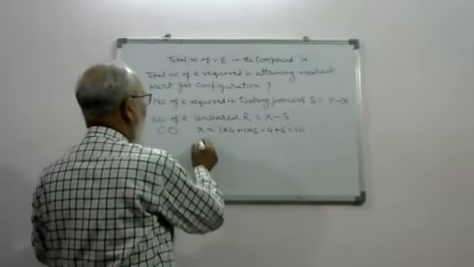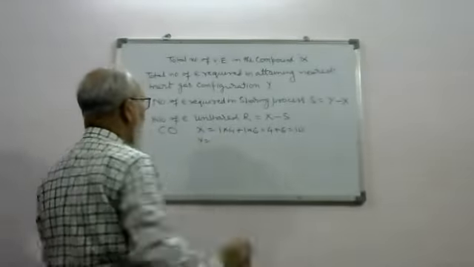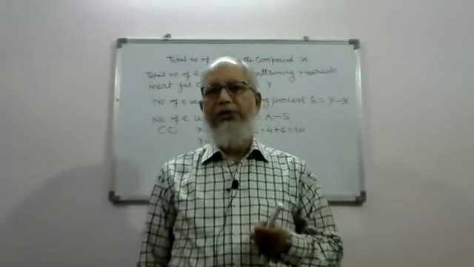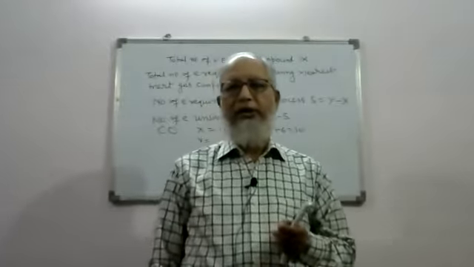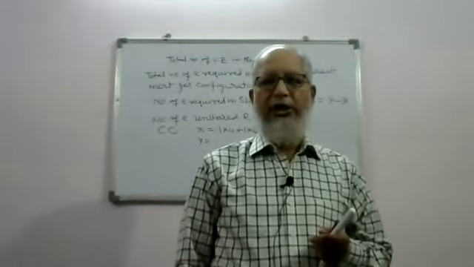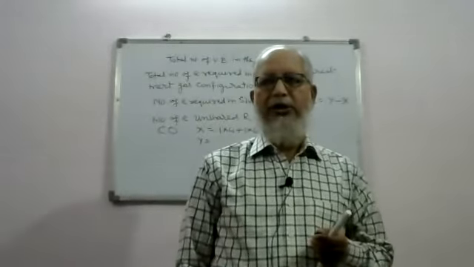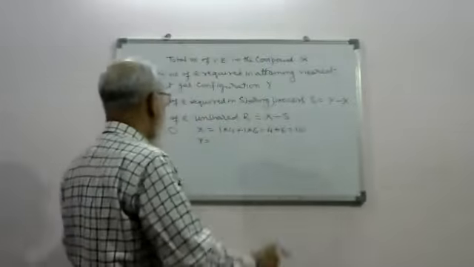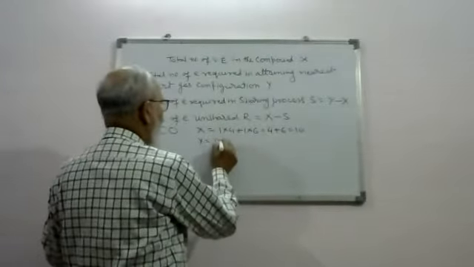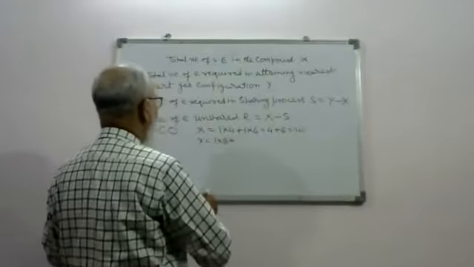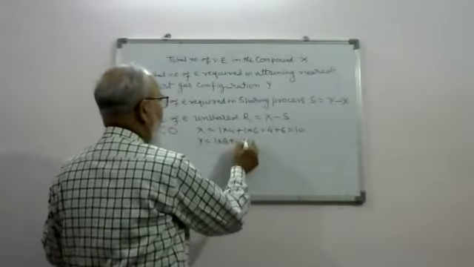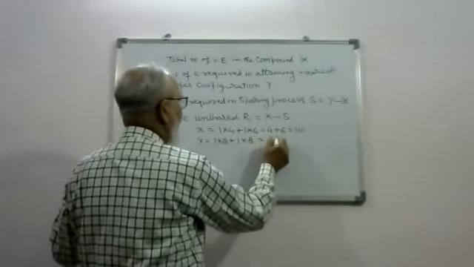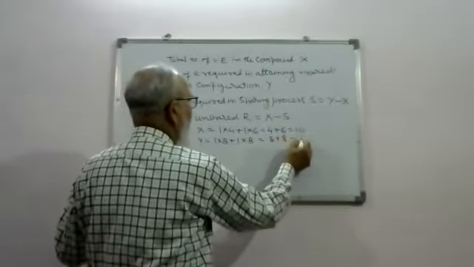Then we shall find the value of Y. Nearest inert gas configuration means s2p6 configuration, that is 8 electrons in the outermost orbit, except in case of hydrogen, whose nearest inert gas is helium, it requires 2 electrons. So here for carbon it will be 1 into 8 plus 1 into 8 for oxygen. This is equal to 16.